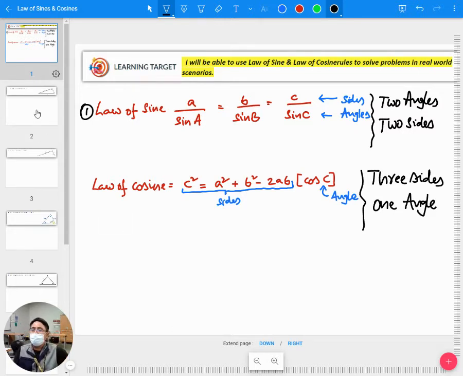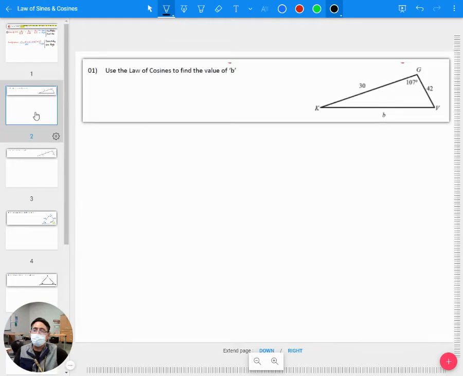So let's go to the first question. Use the law of cosine to find the value of p. First of all, you write what is law of cosine.